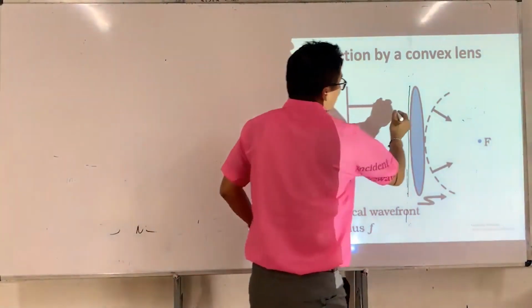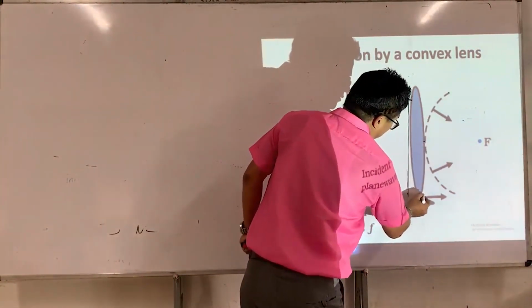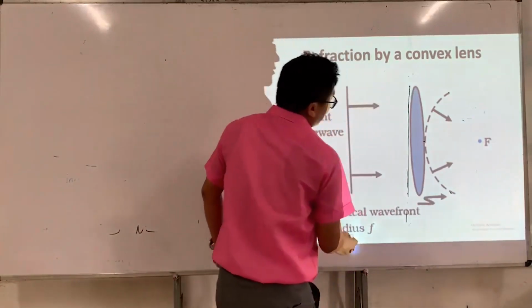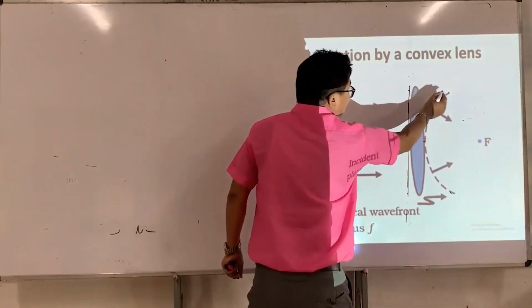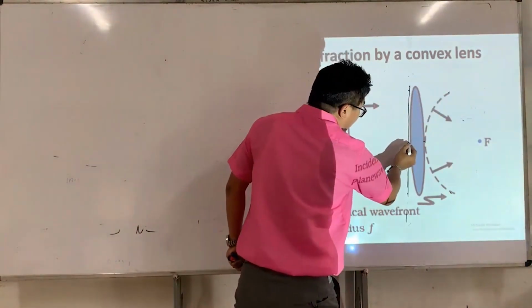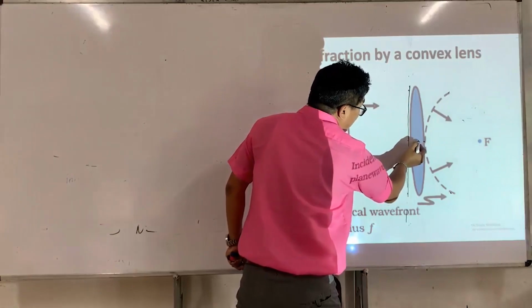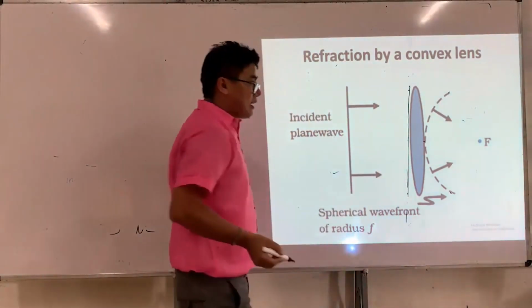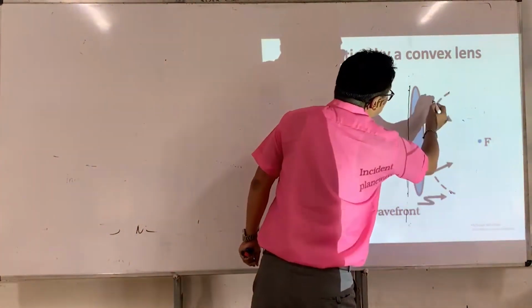That means, when this portion reaches here, only then this portion of light would be able to reach this point. Why? Because it travels at a lesser velocity in this medium, right? So once you draw it, this is what we have.